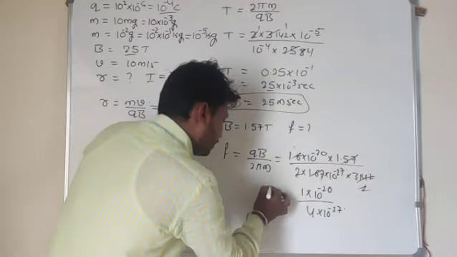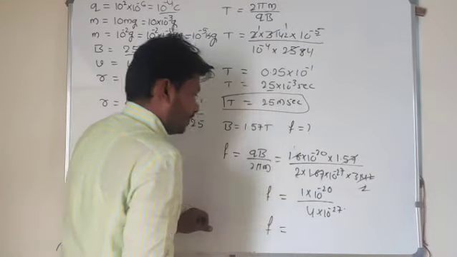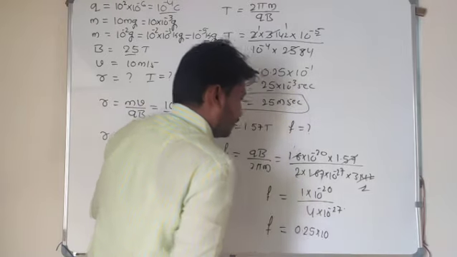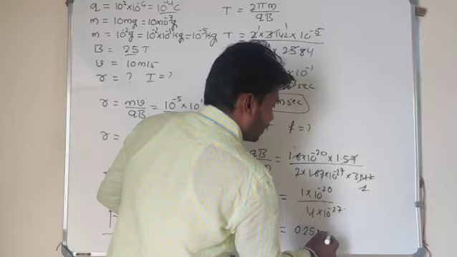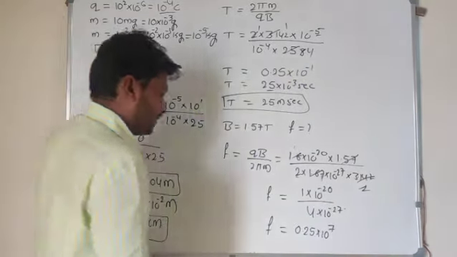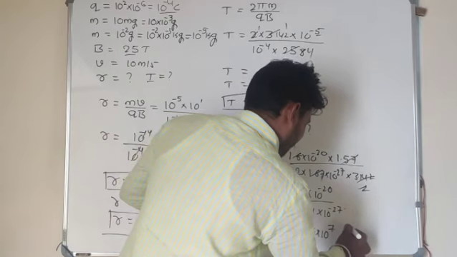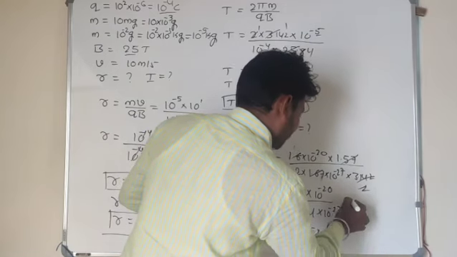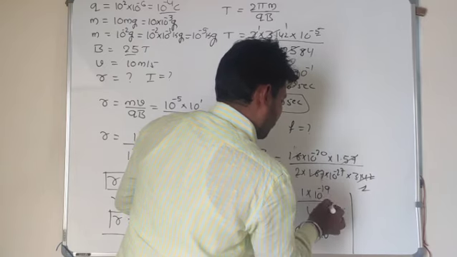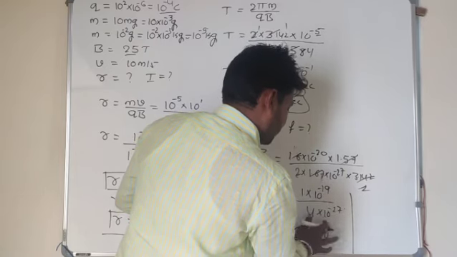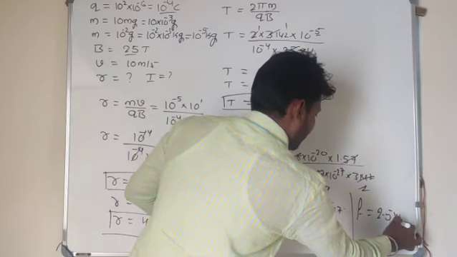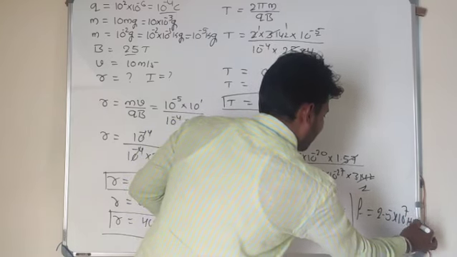Here frequency is equal to 1 by 4, that means 0.25 into 10 to the power of minus 20 plus 27, 10 to the power of 7 here. So 0.25 into 10 to the power of, sorry, here 19 minus 19. So this is 8, and the frequency is 2.5 into 10 to the power of 7 Hertz.